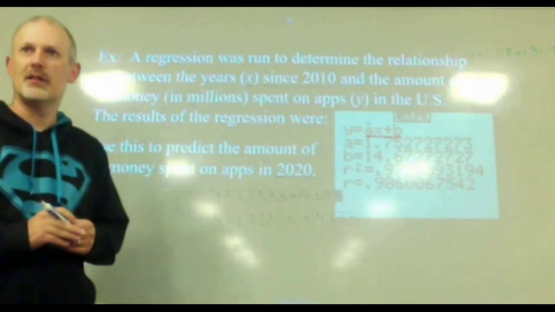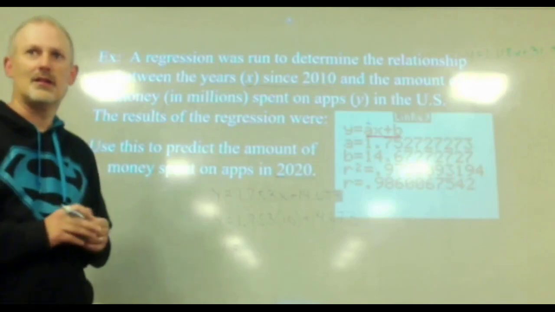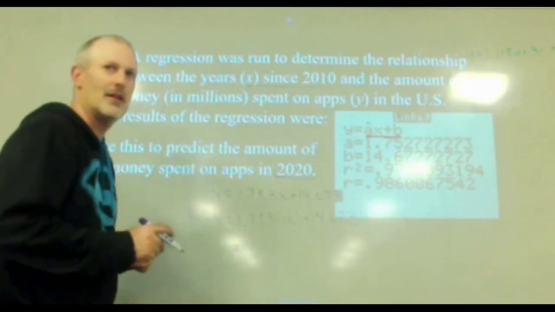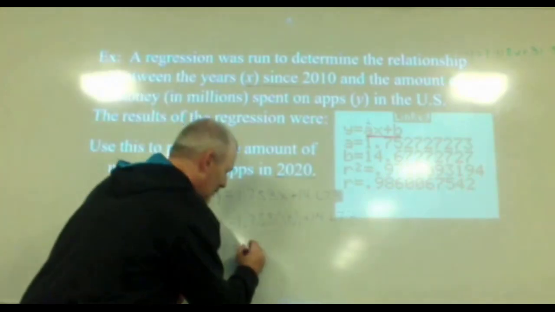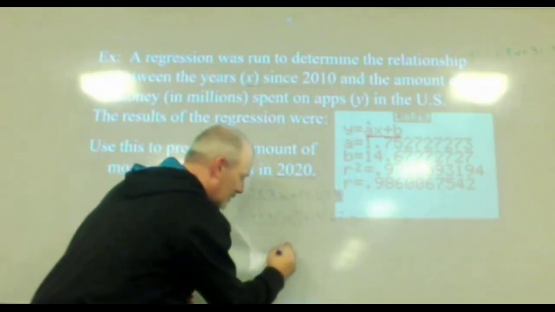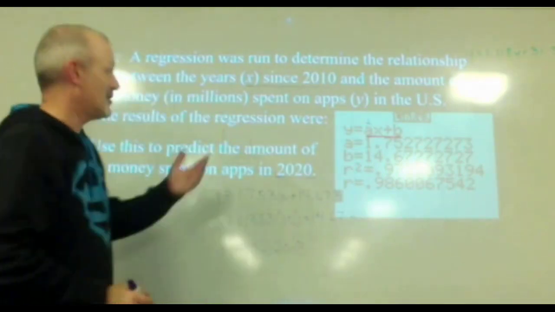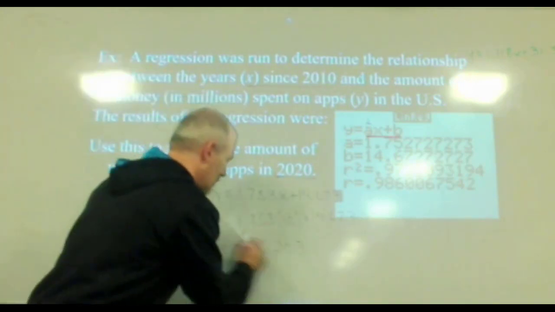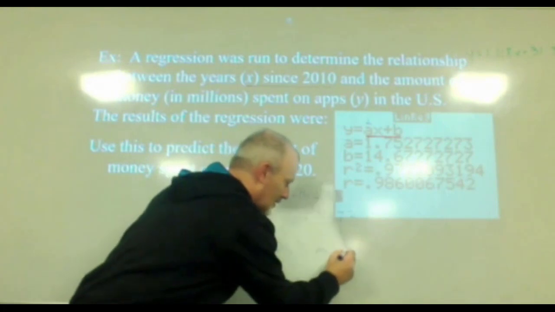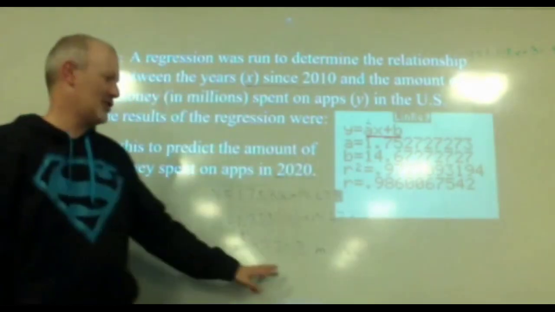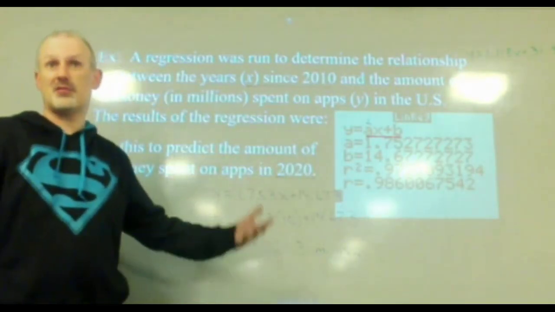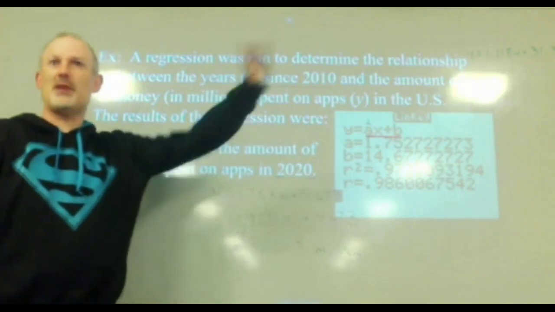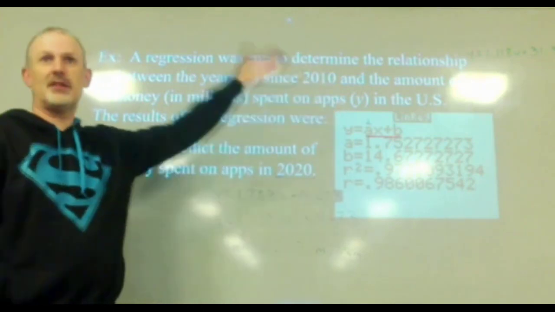Is that right? 32.203. 32.203? Yeah. Okay. And actually, remember, that is in millions of dollars. So this is over $32 million is what this linear regression is estimating will be spent on apps in 2020.